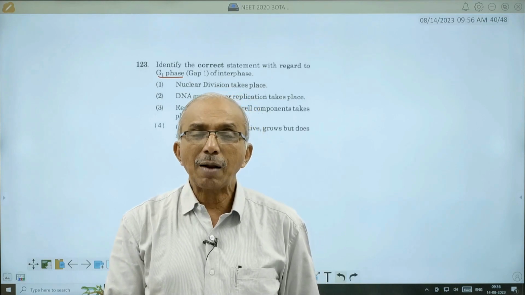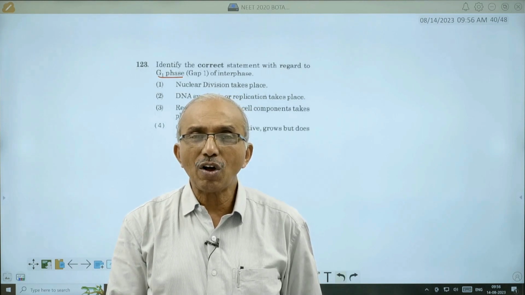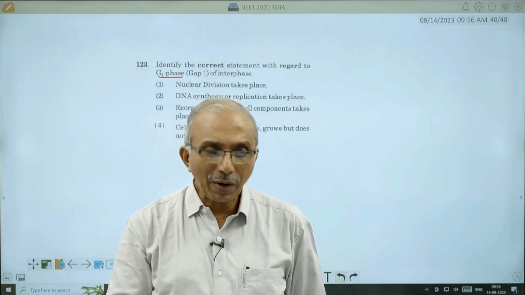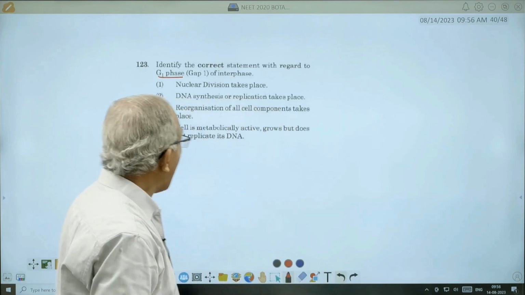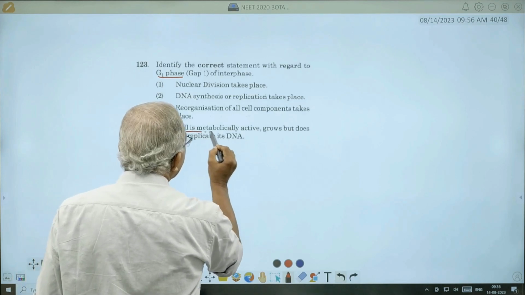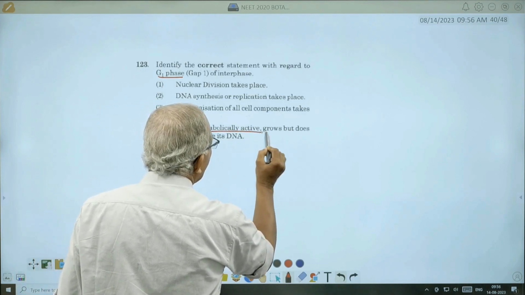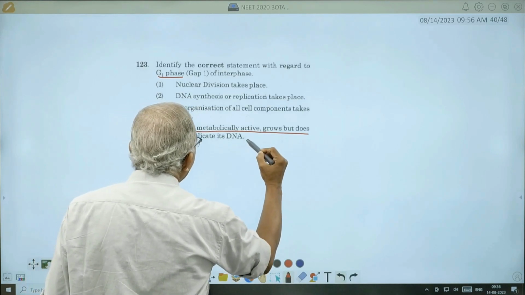S, replication of DNA. G2, synthesis of proteins in preparation for the M phase. Here, the answer is 4. Cell is metabolically active, grows, but does not replicate DNA.